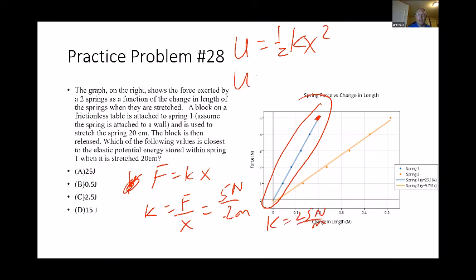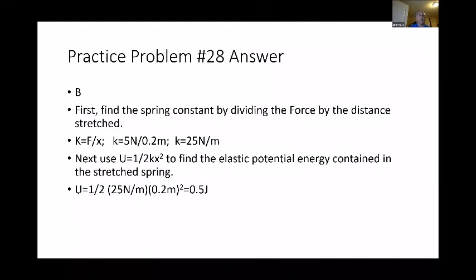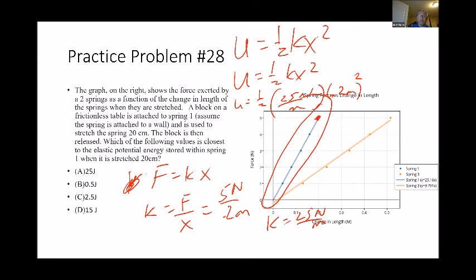Now let's go back up here and plug in our numbers. So we'll put in 25 newtons per meter for K. We'll put in 0.2 meters for x. Don't forget to square that and multiply it by 1/2. And I've got the math done on the next slide. So here's the math. 1/2 kx squared ends up giving us 0.5 joules for answer B.